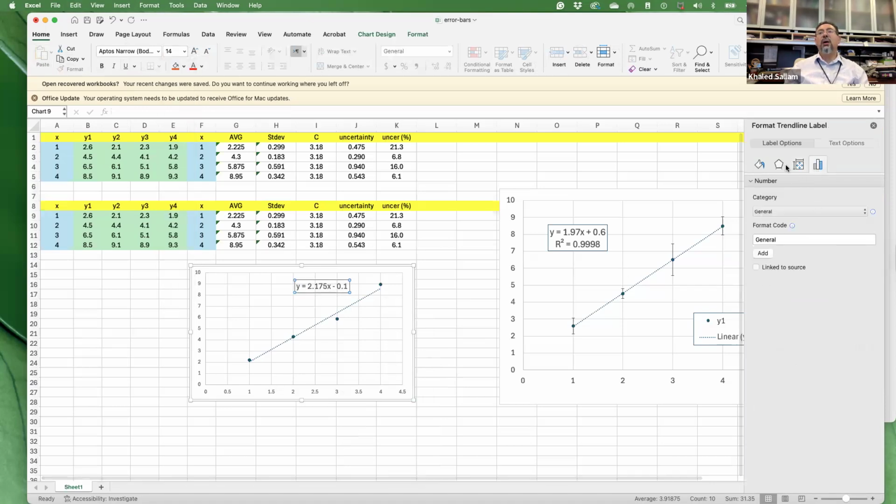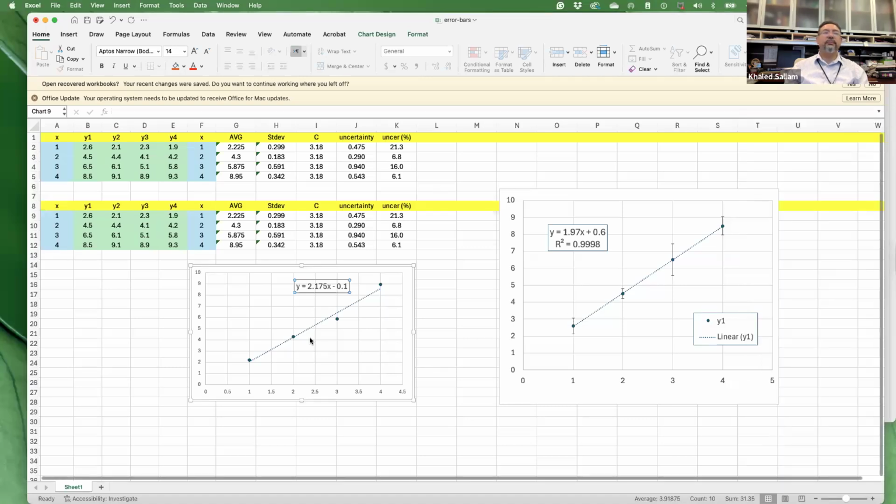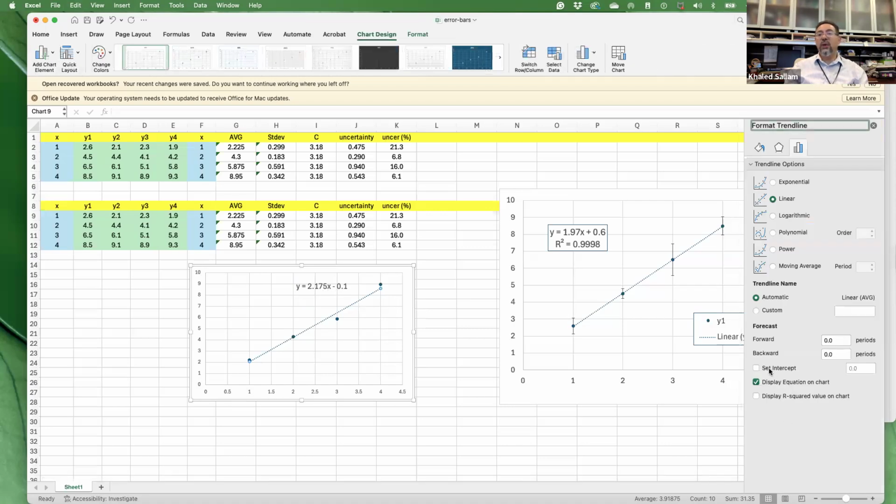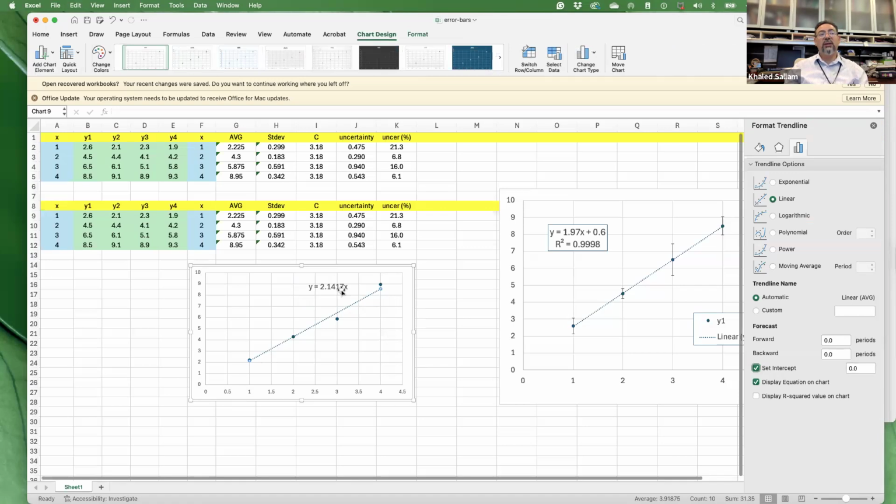Also, I would like to change the intercept, because this is minus 0.1. Basically, when X is 0, it will say that the Y value is going to be negative. And we know that the trend that we want should go to 0 and 0. So I'm going to say set intercept, and it's going to be 0. That will force this equation to go to 0.